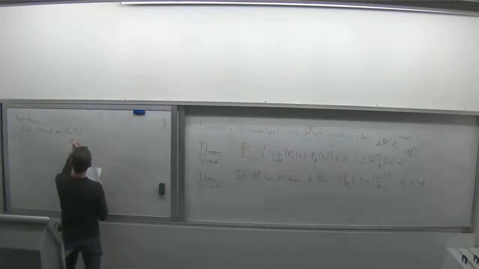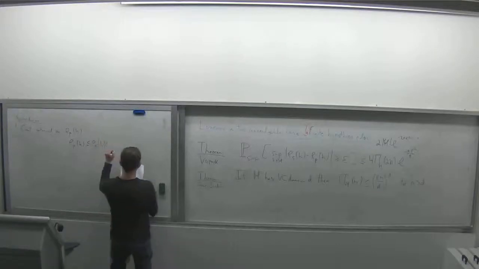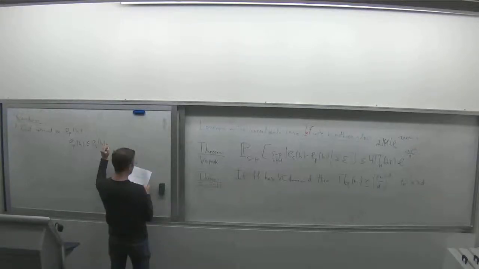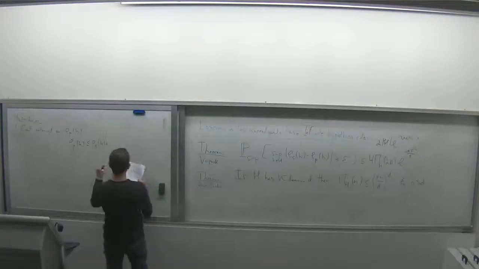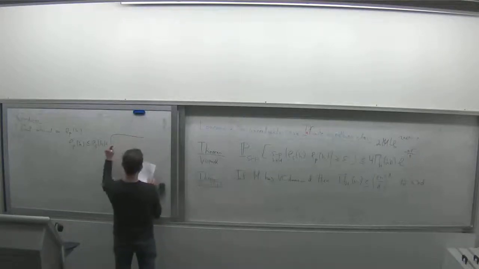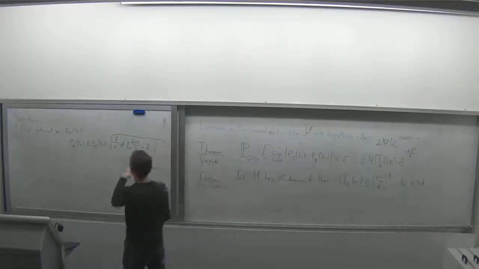We get that E_P(h) is less than E_S(h) plus... Before we had something like the square root of 2 over n log size of h. Now we'll have 8 over n, ignore the constants, they're not really important, d ln(2en over d) plus ln(4 over delta), where d is the VC dimension.